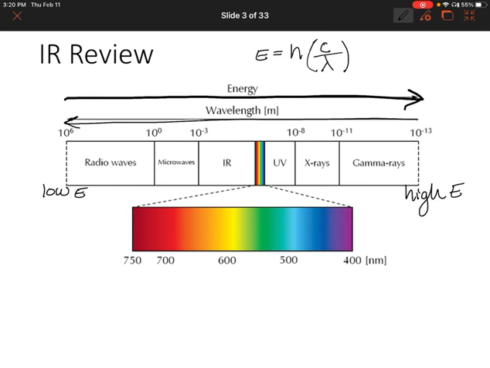So looking at this spectrum, we have radio waves, which are the lowest energy wave. And actually, we're going to use radio waves in a future analytical technique called NMR. So that's nuclear magnetic resonance. And this, again, uses radio waves.